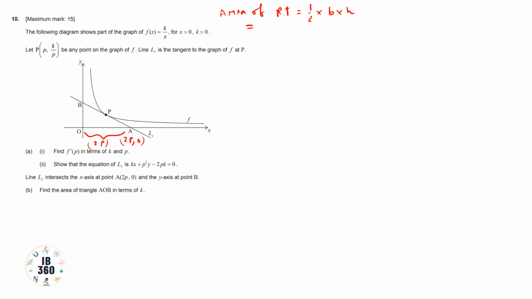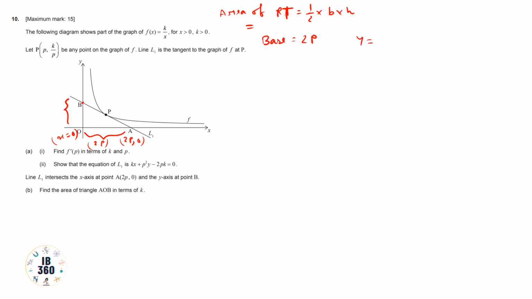So we will apply this here. We have base equals to 2p. Now we have to find this height. To get this, you can see the value of y is here, while x equals to 0. At x equals to 0, if we find the value of y, then we will get the area.